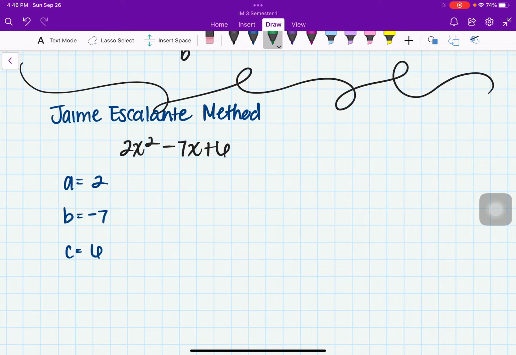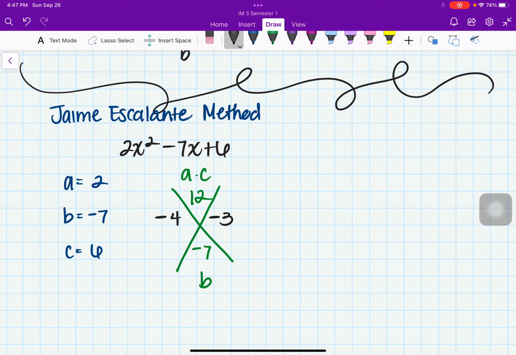So let's build our diamond here. We have A times C on top, and we have B on the bottom. A times C in this case is going to be a 12, B is going to be negative 7. We found these factors to be negative 4 and negative 3.